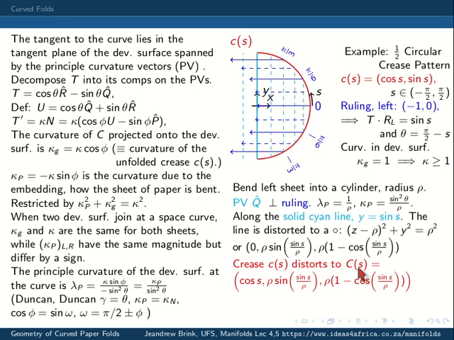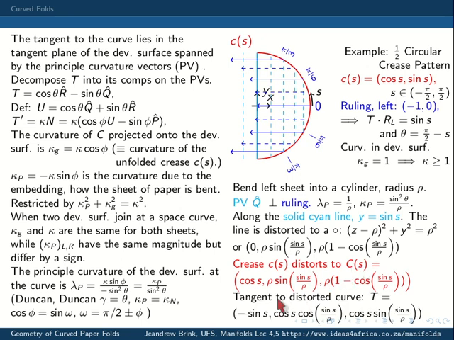You work out the tangent of C just by taking the derivative, and then you get this expression. And if you dot this with itself, you get sine squared S plus cos squared S, which is 1. So it is still arc length parameterized, which is nice.